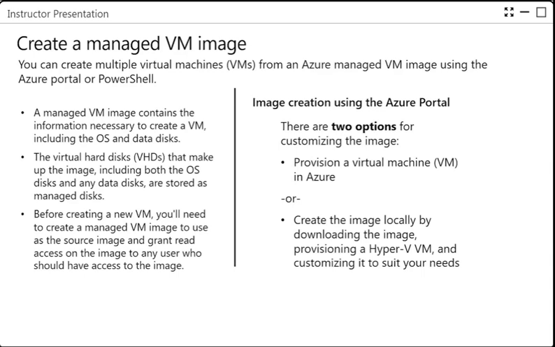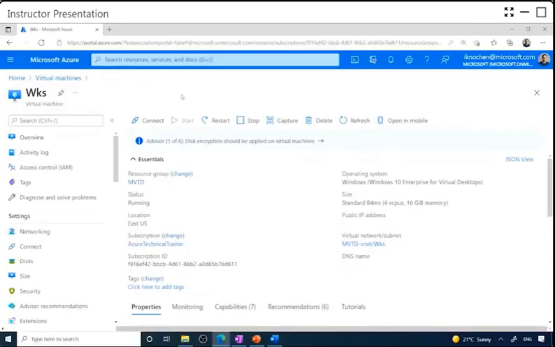So let's go for a little demo. All right, I just have a virtual machine that happens to be the exact match of what I want for my deployments. I have my Windows 10 Enterprise for virtual desktops, and it has all of the services the way I want it. So what I need to do now is to capture the image.